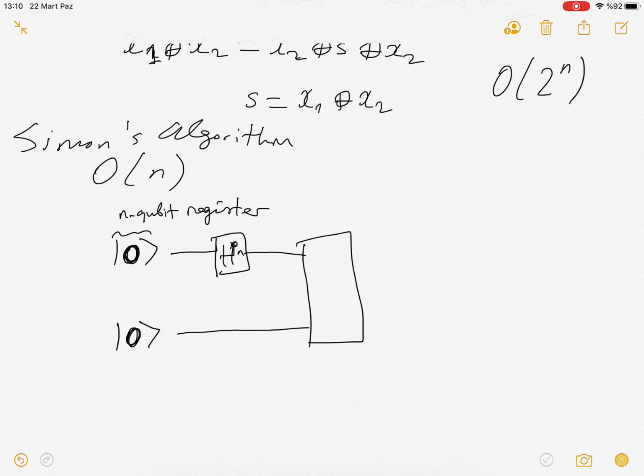Suppose that this is my UF, the quantum version of the function f given as a black box. And in the output, I'm going to apply another n-qubit Hadamard transform. And then I'm going to measure the first register.